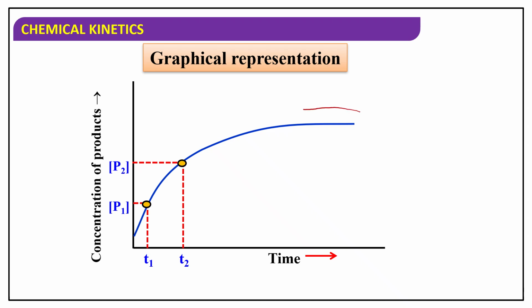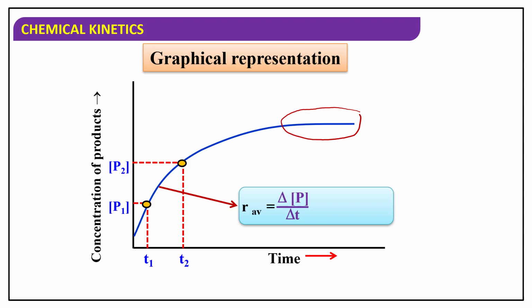That portion indicates that the concentration of product becomes constant after some time, because either the reactant is finished or the reaction reaches equilibrium. So how can we calculate the average rate here?